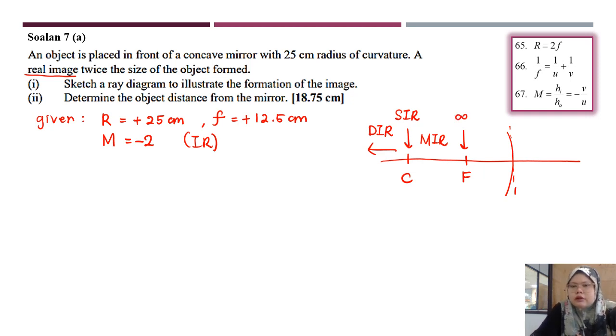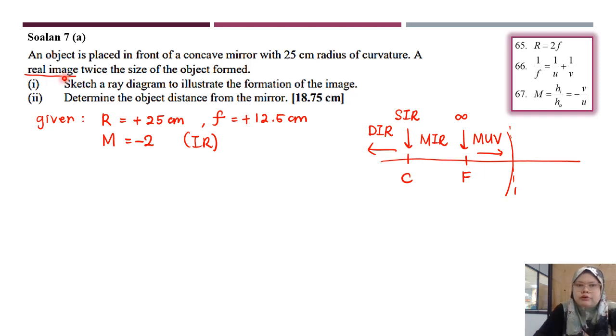Okay, so if the object is located less than the focal length, so the characteristic of the image form is magnified, upright and virtual. Okay, ini adalah ringkasan karakteristik of image form untuk position of the object.